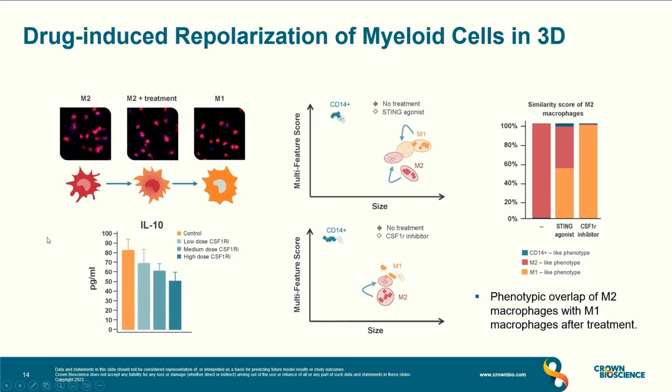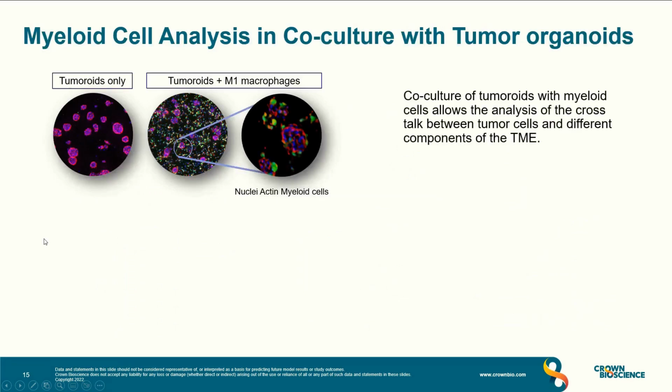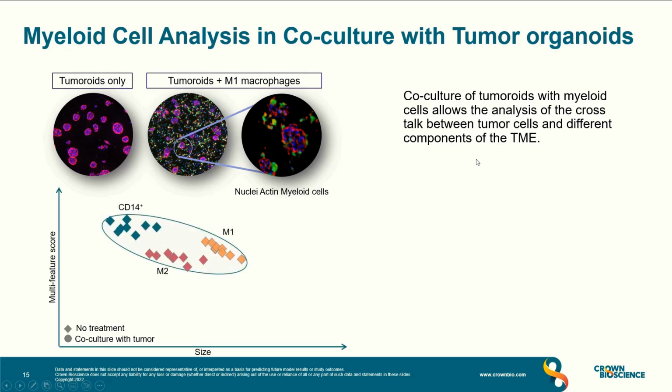Now we are talking about monocultures, but if we look at co-cultures, we can also see that myeloid cells are affected by the presence of tumor cells. This is an example of tumor cells grown in 3D combined with M1 macrophages. When we zoom in and start quantifying these feature spaces, we see that we can still distinguish the different populations of myeloid cells when there is no treatment, so if they are in monoculture.